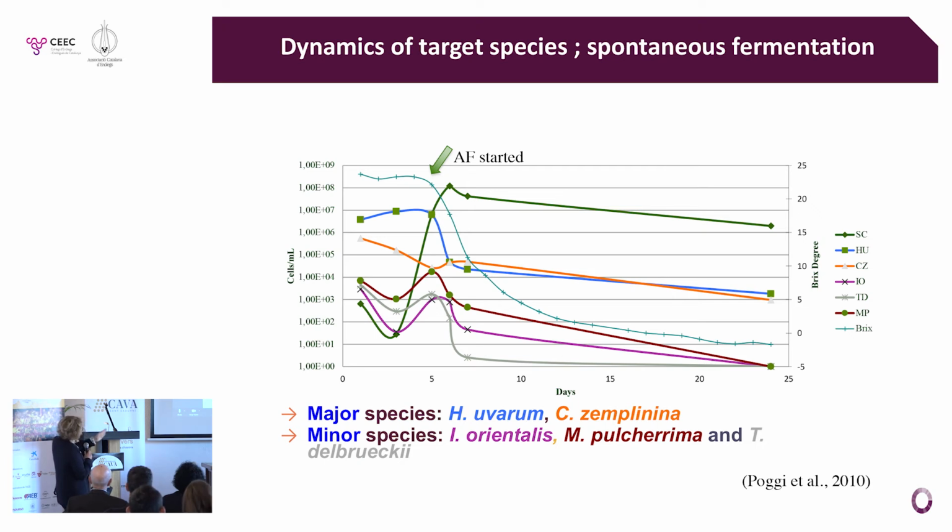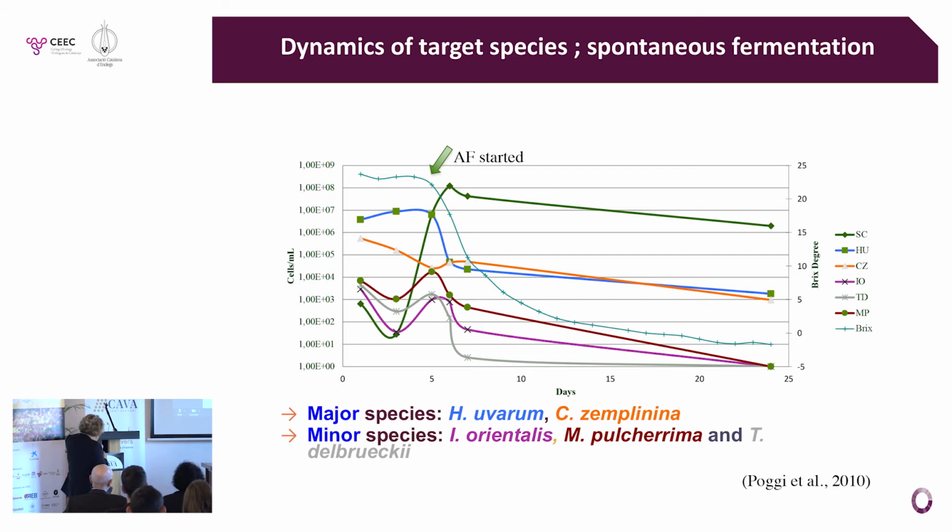Before the start of alcoholic fermentation, we have some dominant non-Saccharomyces species, especially Hanseniaspora uvarum and Candida zemplinina, which is now named Starmerella bacillaris, and some minor non-Saccharomyces species: Issatchenkia, Metschnikowia, and Torulaspora delbrueckii.